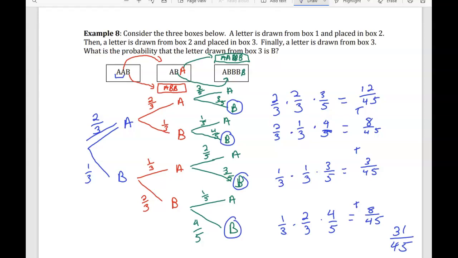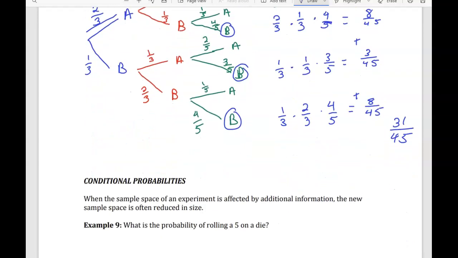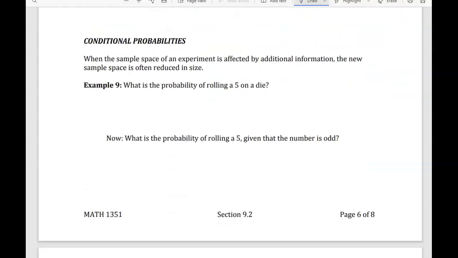Now, because the sample space and everything changes based on what you drew from the first one, this is considered conditional probability. We know something about the space. When the experiment is affected by additional information, the new sample space is reduced in size usually, but we also know something.